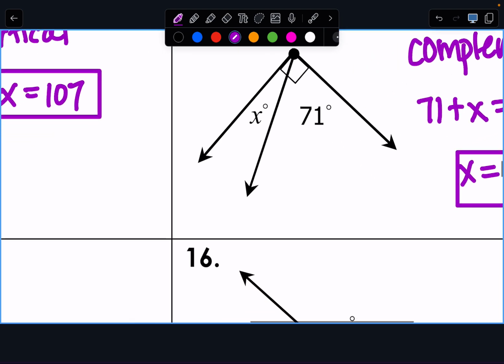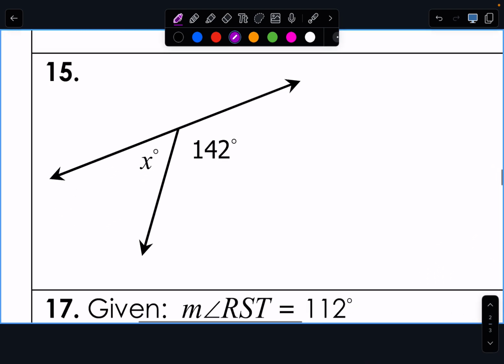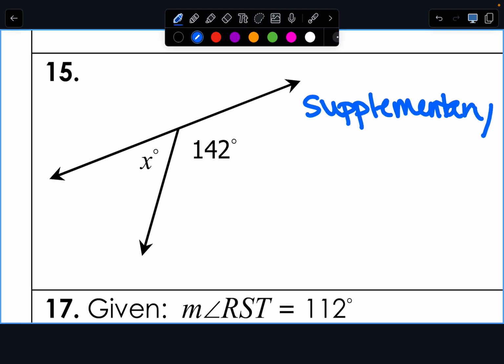Now, in number 15, these two make a straight line. So how do we describe them? We describe them as supplementary. And because they are supplementary, group number 6 back here wrote x plus 142 equals 180.